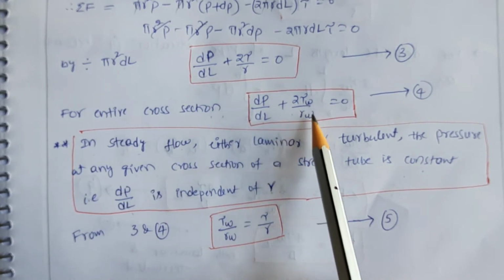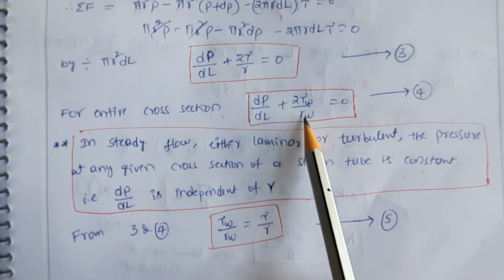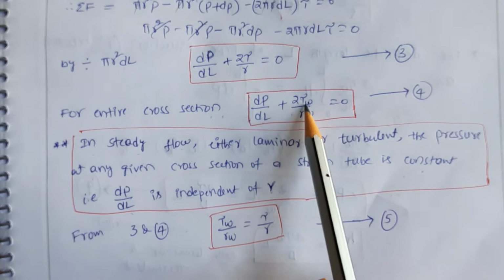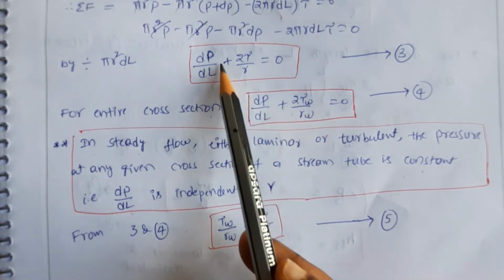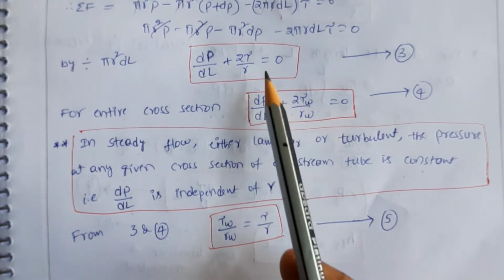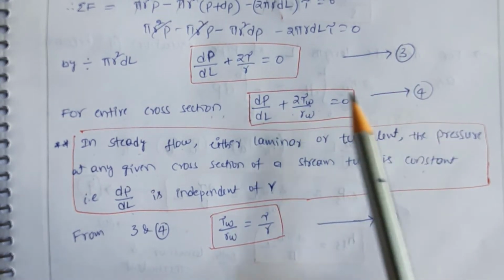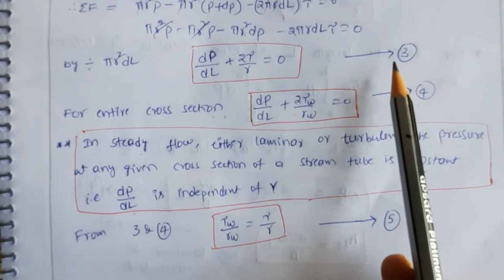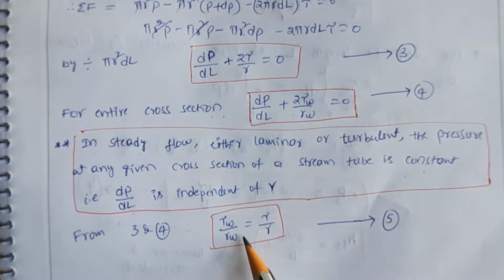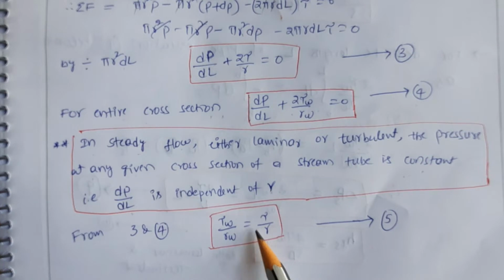Since the radius of the tube at the tube wall is Rw, at the wall the shear stress is tau W. The same expression will be given like this for the entire cross section of the tube. So from equations 3 and 4, by subtracting 4 in 3, we will get tau W by Rw equals tau by R. Clear?